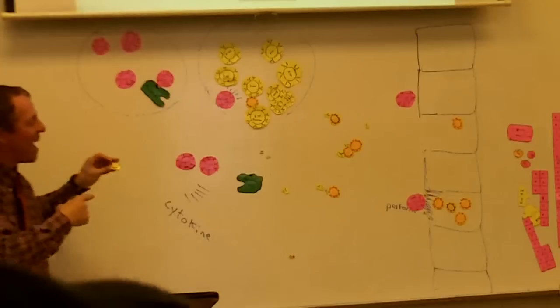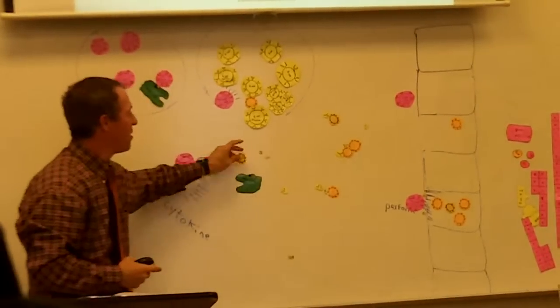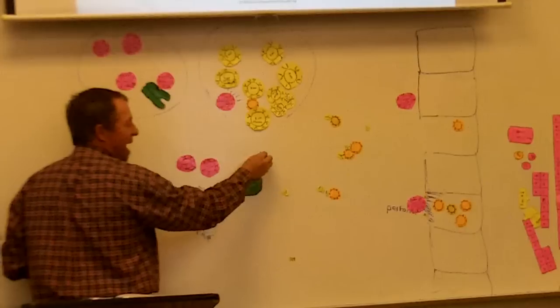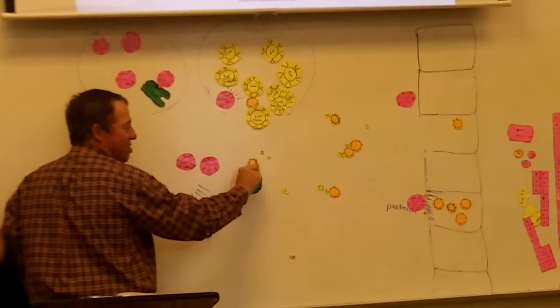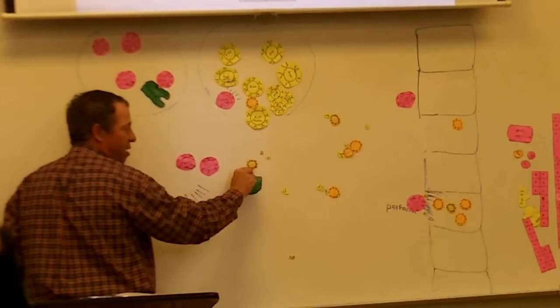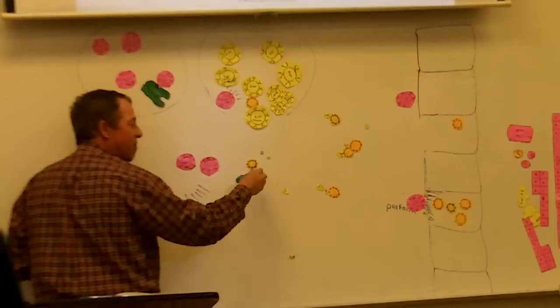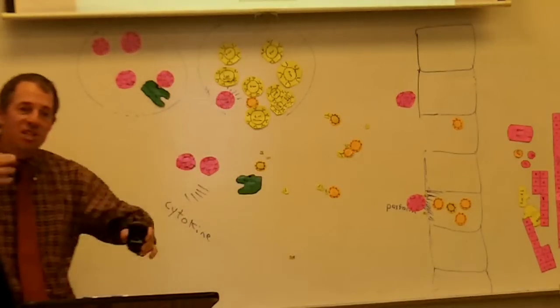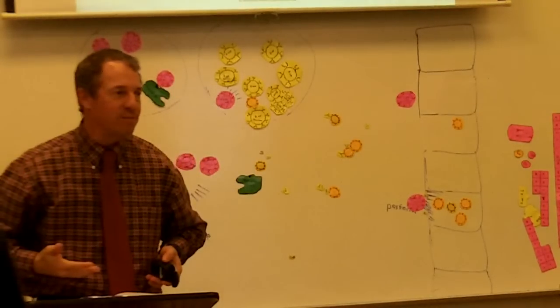The viruses can't actually multiply inside the cells. But remember, the immune system is reacting to the antigens on the outside surface. So if you inject somebody with a bunch of inactive viruses, they'll still build up an immune response.